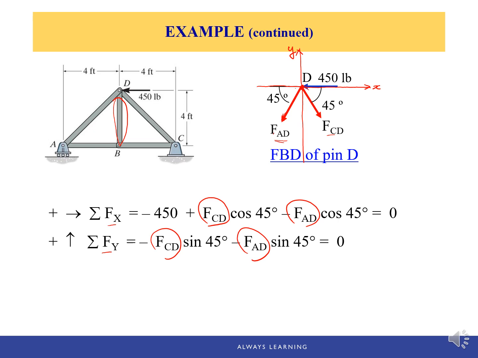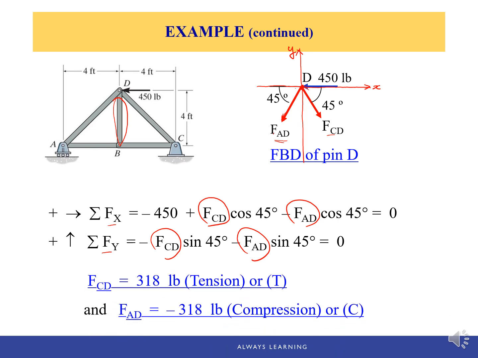But in the answer, we need to indicate two things. One is the magnitude, two is tension or compression. So when we solve those two equilibrium equations, FCD is solved to be positive.